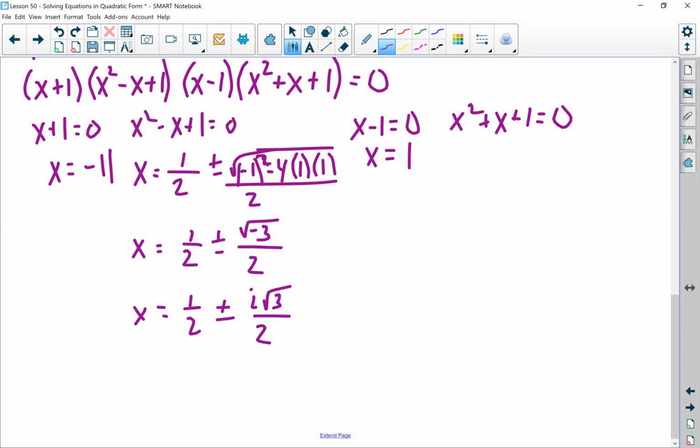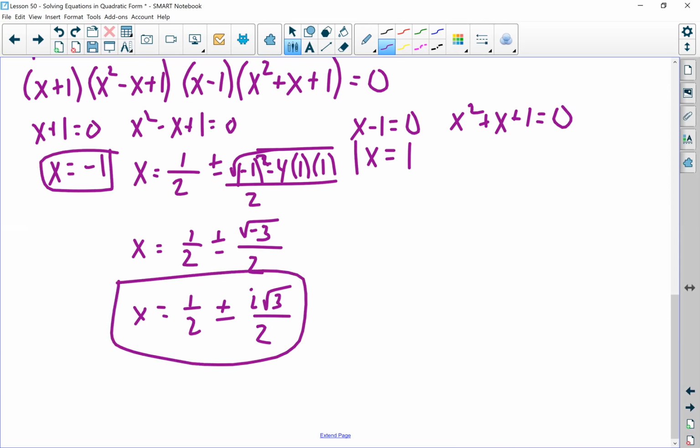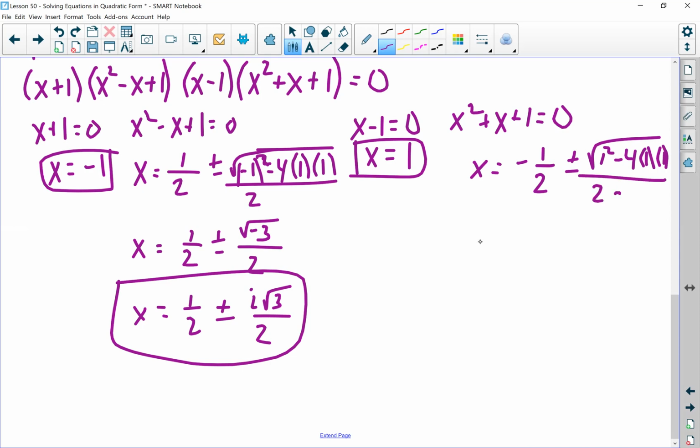So here's one solution. Here are 2 more solutions. Here's a solution. And we're going to do the quadratic formula on that last quadratic there. The opposite of b over 2a plus or minus the square root of b squared minus 4ac over 2a. And the interesting thing is, a is 1, so 2 times a is 2.